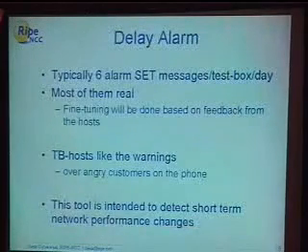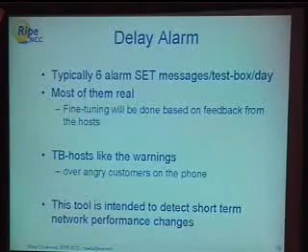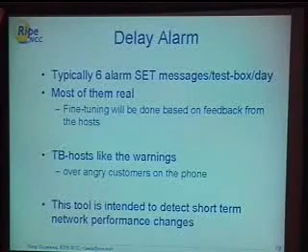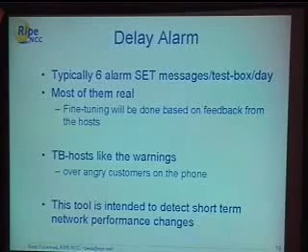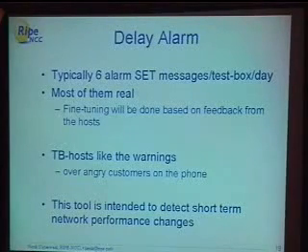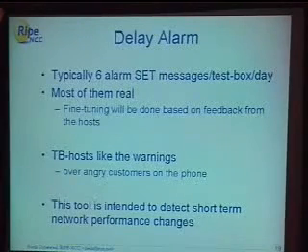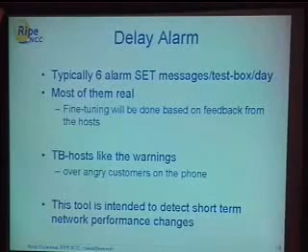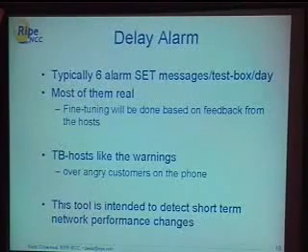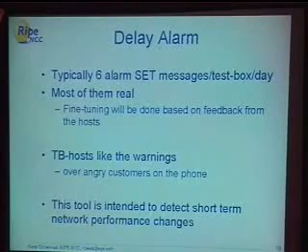We've now been running this for the last 3.5, 4 months. What we typically see is that there are 6 alarm set messages for each box each day. Most of them, if we look at the plots, are actually real effects, so it's not just a little statistical fluke.